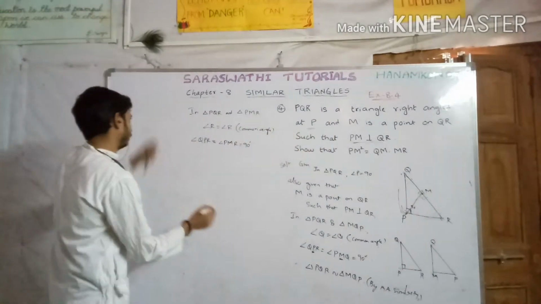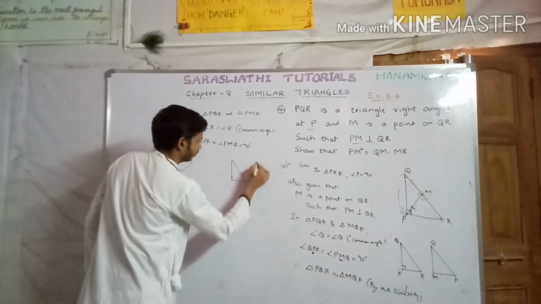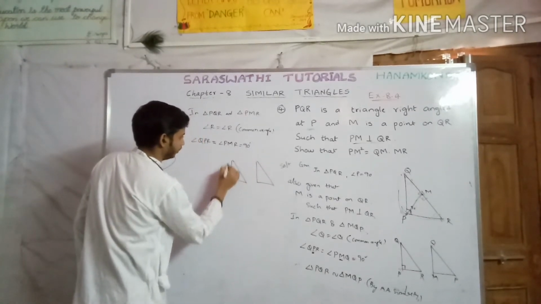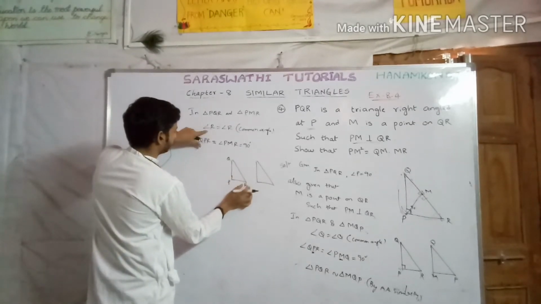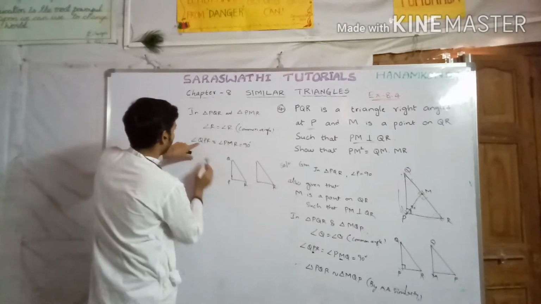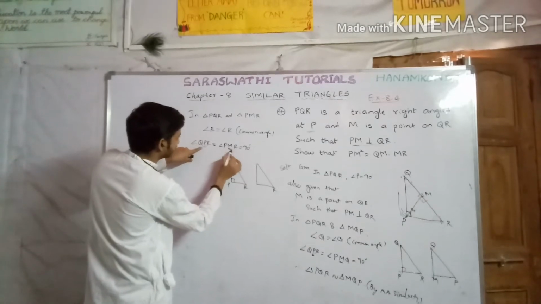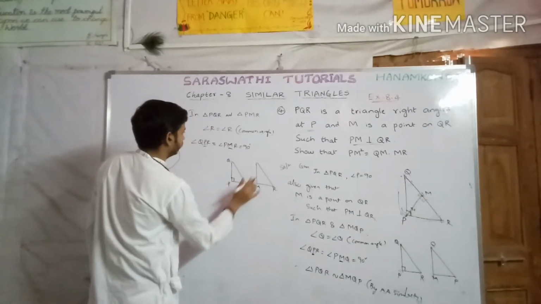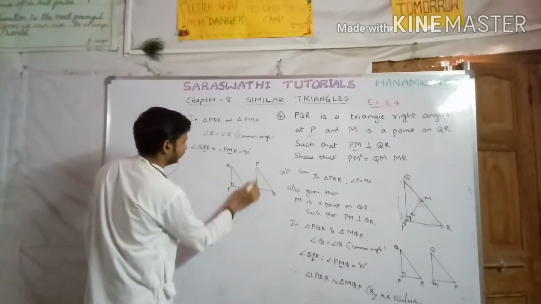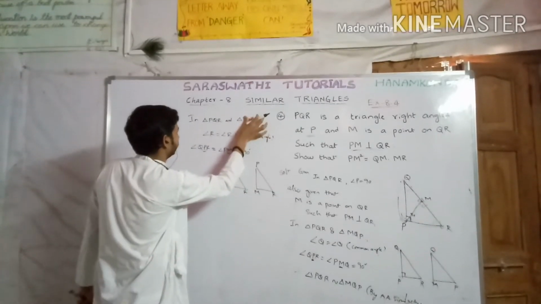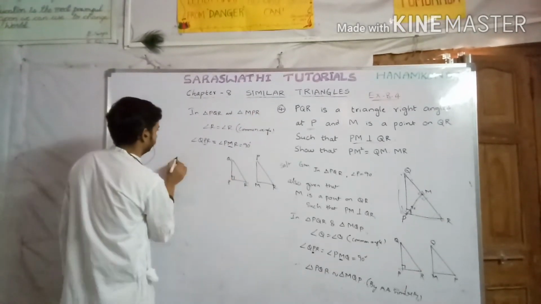Now draw the two triangles separately. PQR: the corresponding angle to angle R is angle R, and for angle QPR, the corresponding angle to P is angle M. So again you have to write PMR, that is, PQR and MPR.